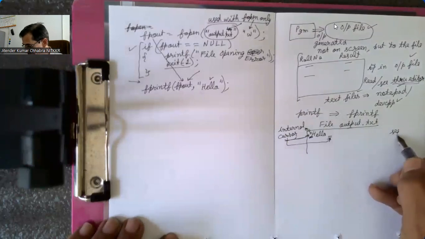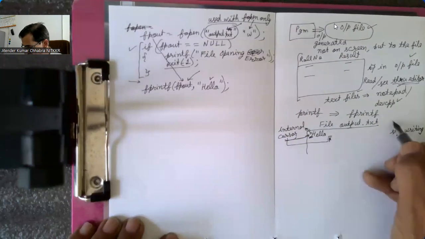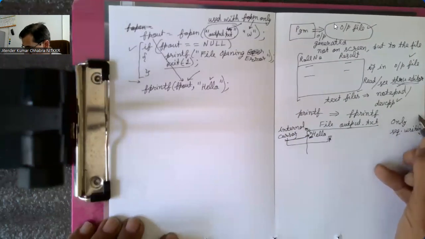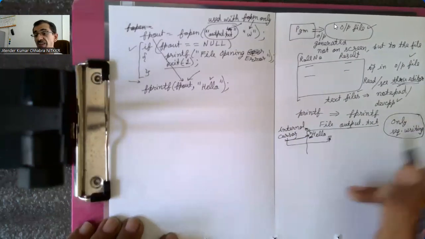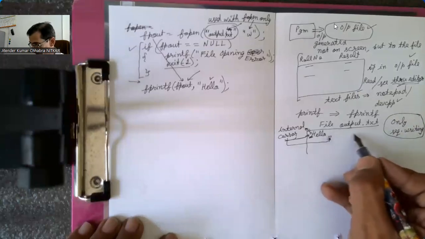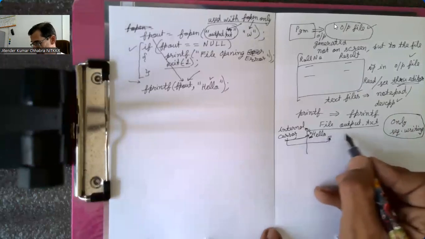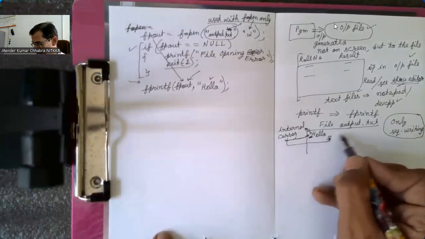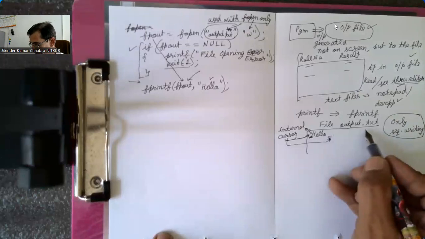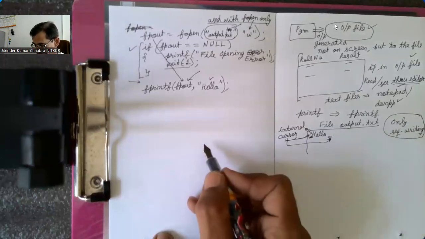So only sequential writing will happen. All data will always be written in the order of place, like on the screen. You can't write in between. Once you have written, you just go to the next line, next character, anything like that. Here also, if you write \n, next line, etc.